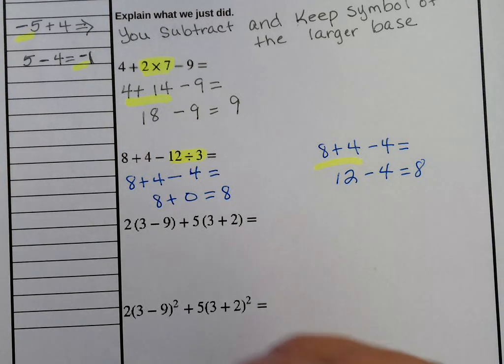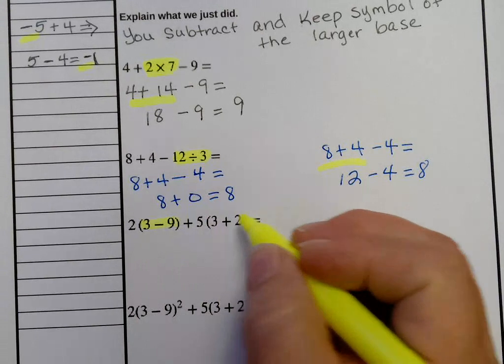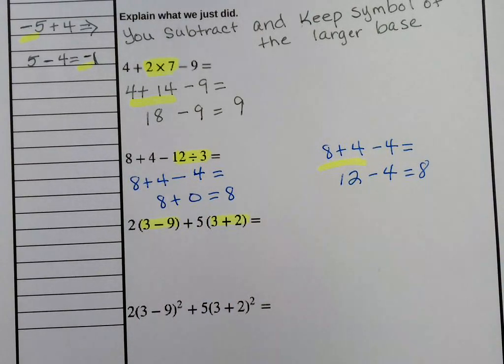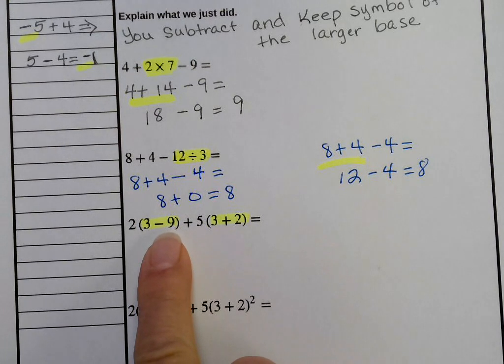Yes, I've got 2 sets of parentheses to deal with first. If I had a variable in there, I would not be able to combine, and then you would have to use distribution. But because everything is numbers, we don't have to worry about that.